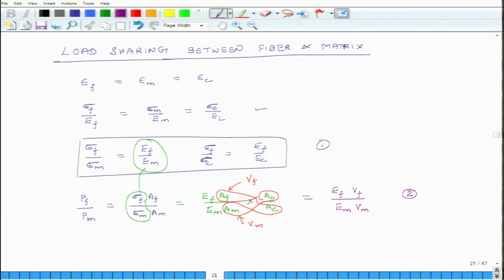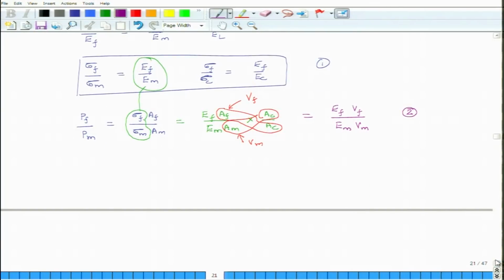This equation 2 gives us the ratio of how much load is being shared by fiber and how much load is being shared by matrix, and what it tells is that if you want the fiber to take a lot of load, of course, this EF over EM should be high, and also make sure that VF over VM is also as high as physically possible.